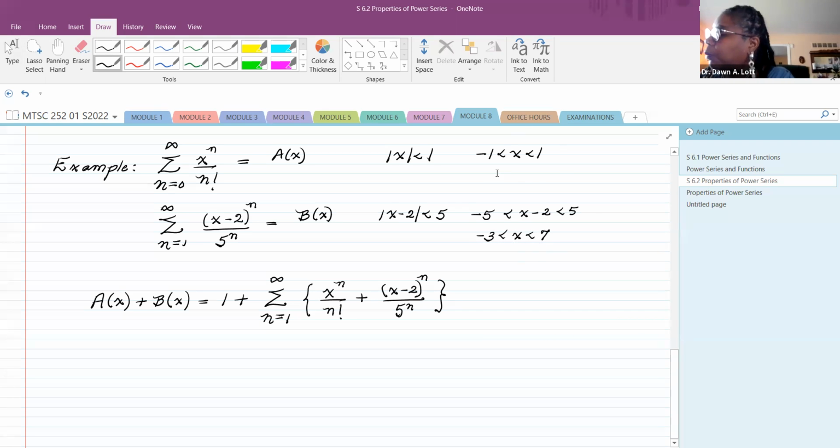So therefore, if I combine them together, the total radius of convergence would be absolute value of x less than 1. Okay, so for the whole series, the smallest radius of convergence is the only one I can take. Any questions? That's just how you add power series, term by term.